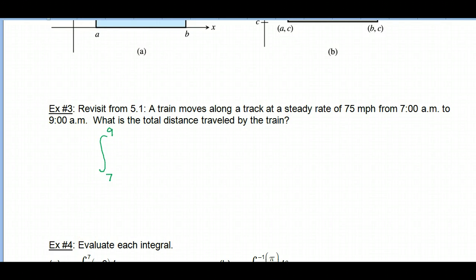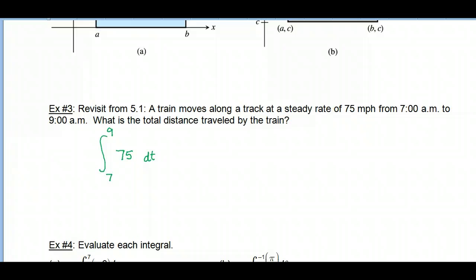And it's a steady rate of 75 miles per hour. So 75, and then I'm going to put d. When you have a constant rate, the variable is not really that important.